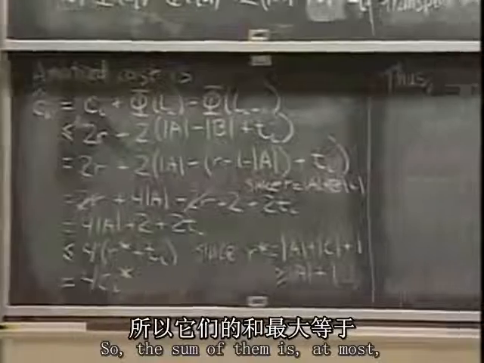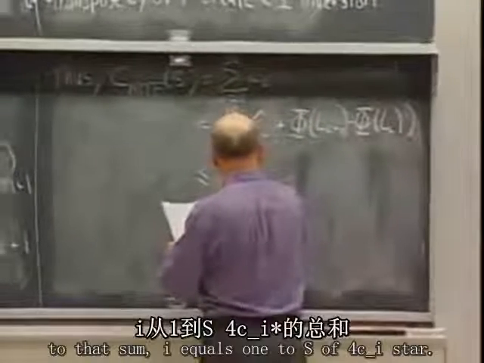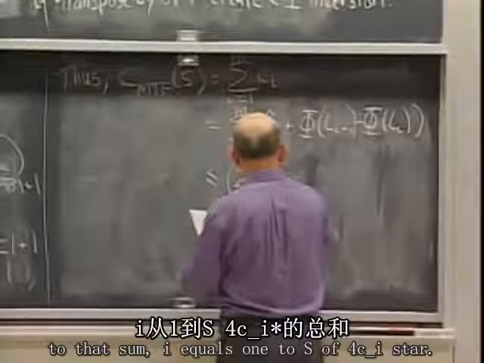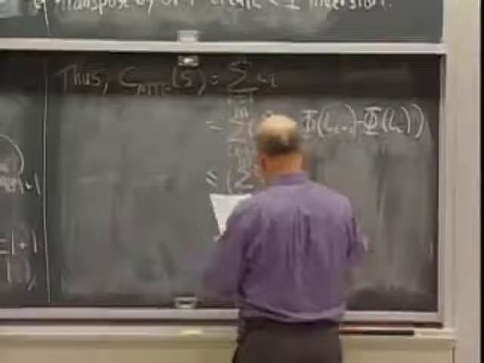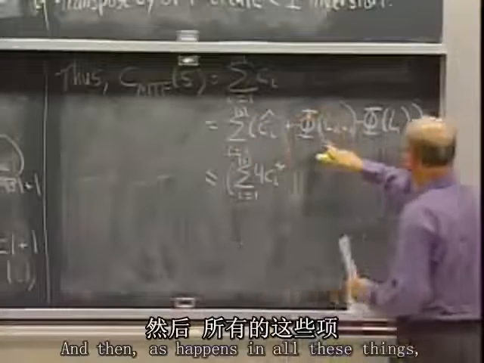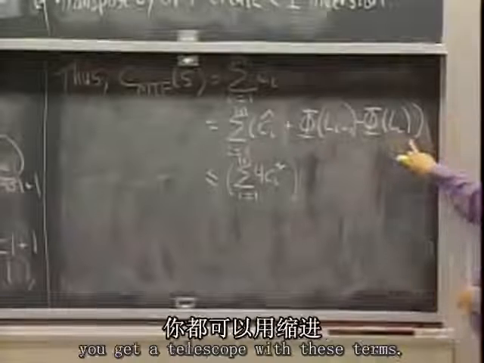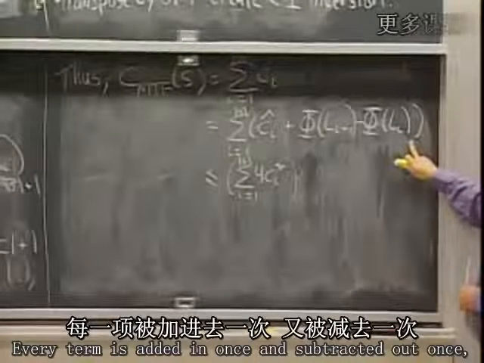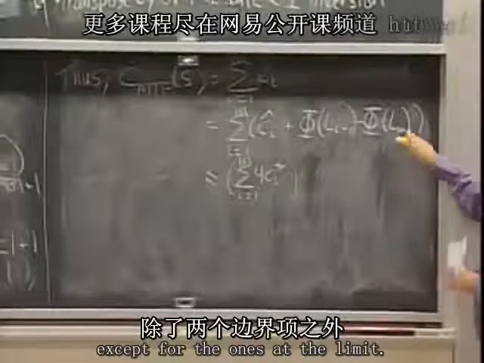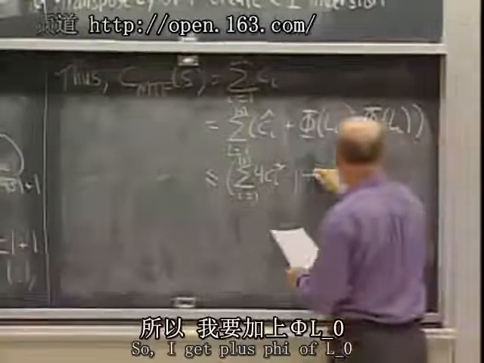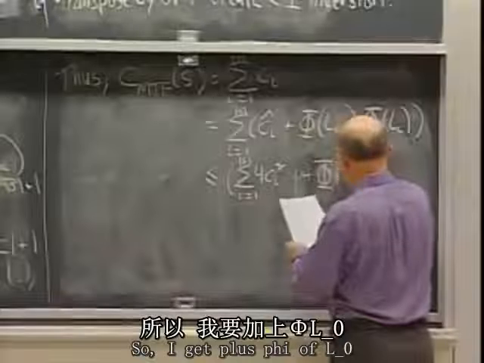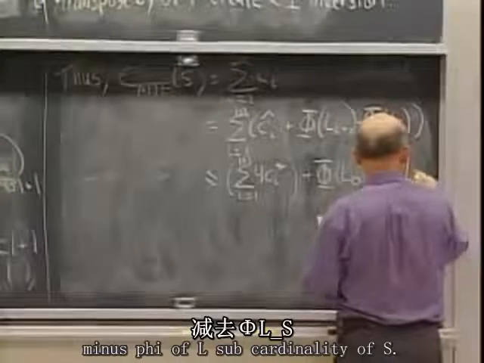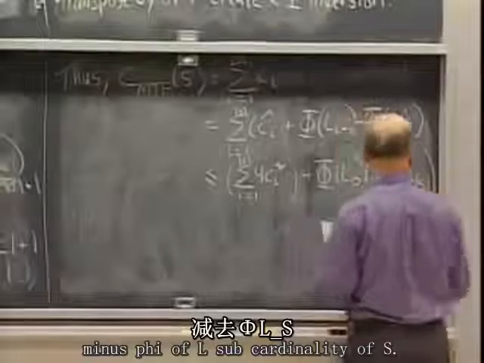So the sum of them is at most the sum i equals 1 to S of 4 Ci star. And then, as happens in all these things, you get a telescope with these terms. Every term is added in once and subtracted out once, except for the ones at the limit. So I get plus phi of L0 minus phi of L sub cardinality of S.